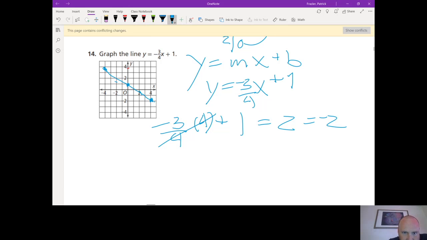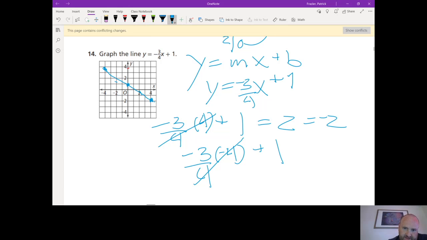And then over here, we went up 3 to 4. 1 plus 3 is 4. So again, if we have negative 3/4 times where x equals negative 4, well, then plus 1.